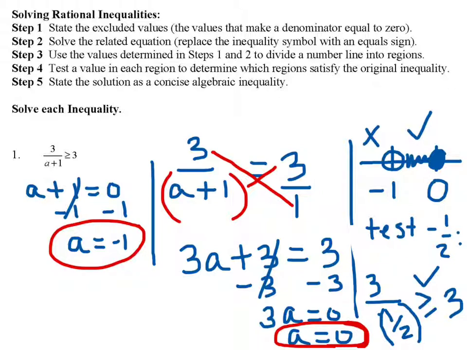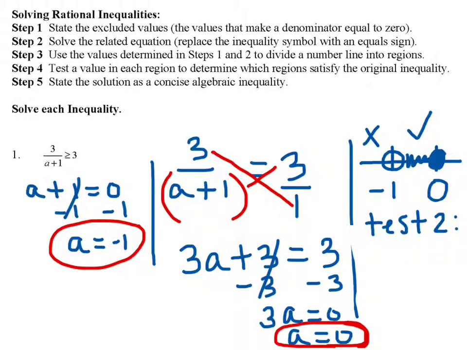And last but not least, let's test to make sure that this last region works, or if it doesn't work. So let's test, say, positive 1, or I'm going to actually test positive 2. So when I plug positive 2 into my inequality, I end up with 3 divided by 2 plus 1.